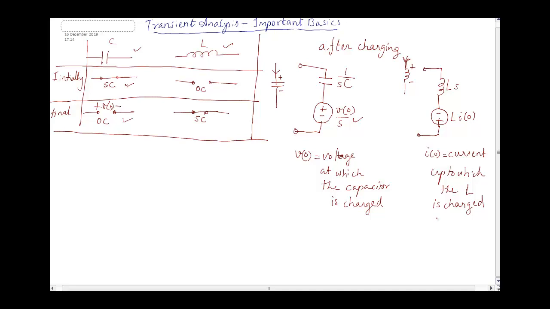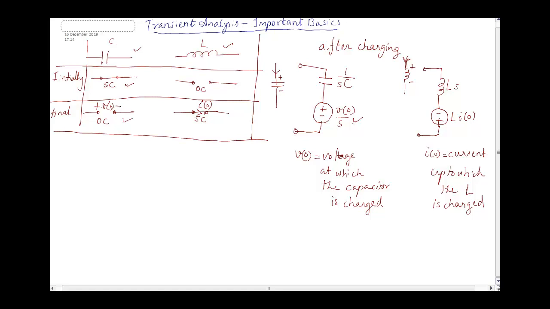You can find it out by looking at what happens to the inductor at the end of charging. At the end of charging, it is a short circuit. That means some current is flowing through this short circuit. That current is the current up to which it has charged. So the capacitor charges to a voltage, the inductor charges to a current.